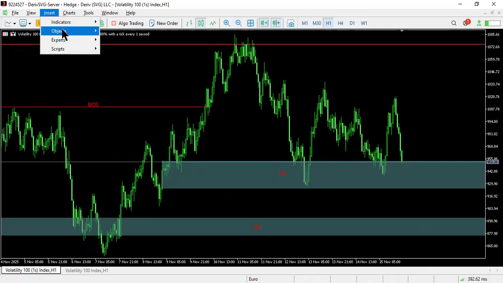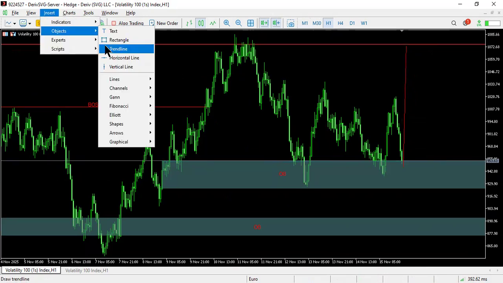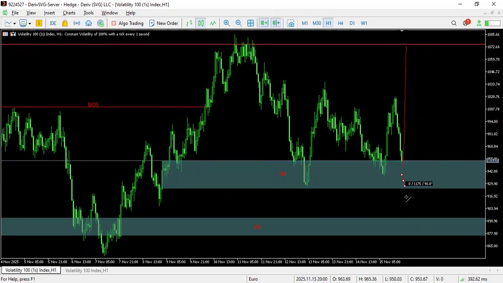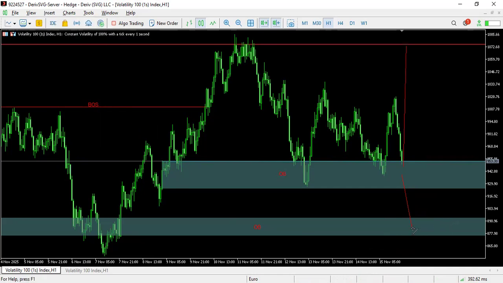So for this one, since our bias is bullish, I'm anticipating for price to push up from that support level, or for price to break that support and come back at this other support and then continue pushing up like that.